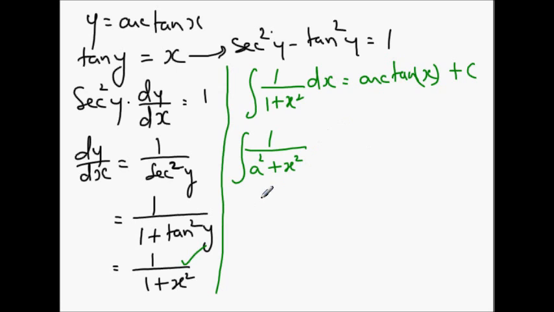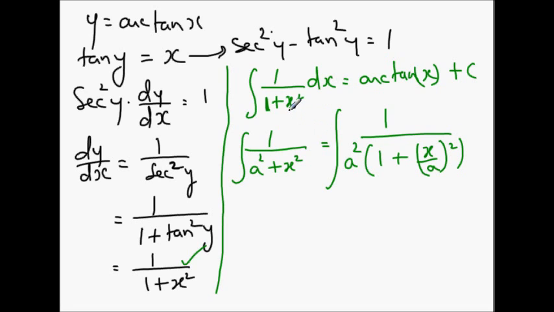Okay, so how do you simplify this? 1 over, I take the a square out because I want it as 1 plus something square, right? That's why I'm taking the a square out. So if I take the a square out, I'll get 1 plus, and this would be x over a the whole square. So which is of this form? 1 plus something square, and that something is x over a here. Okay, now the 1 over a square can come out of the integral, which is 1 over 1 plus x over a the whole square and dx.